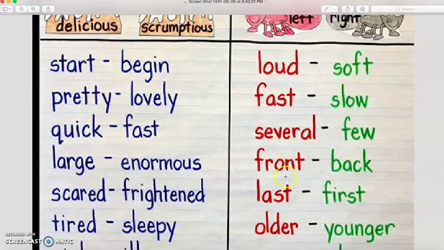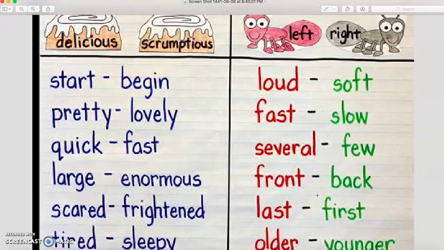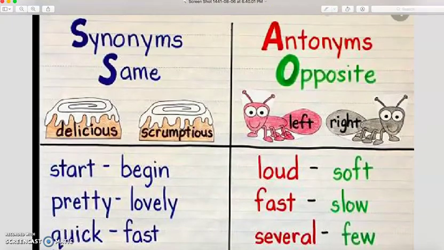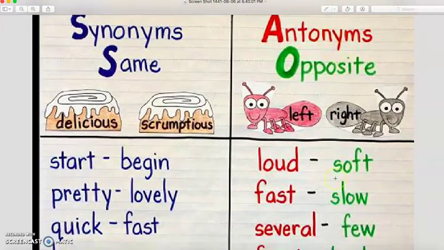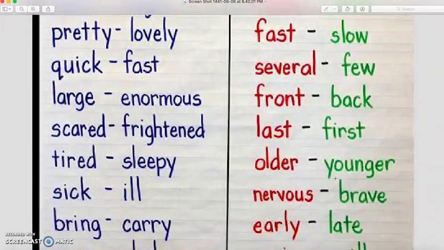Front, what's the opposite of the word front? I'm standing in front of you. The opposite of front is back. What's the opposite of the word last? Who is lining at the last? And who is lining first? So first and last are opposite, and we call them again antonyms.